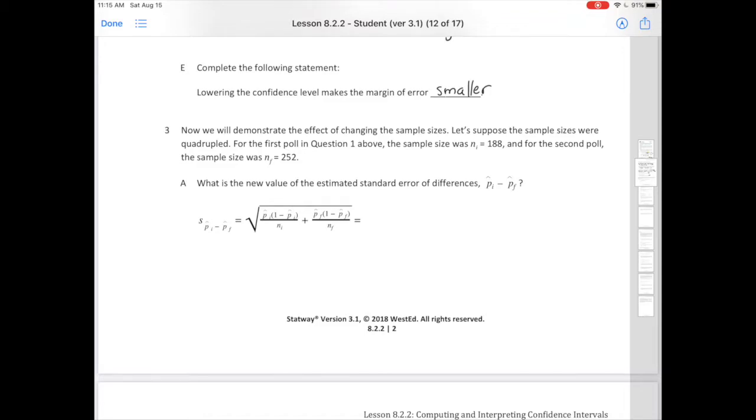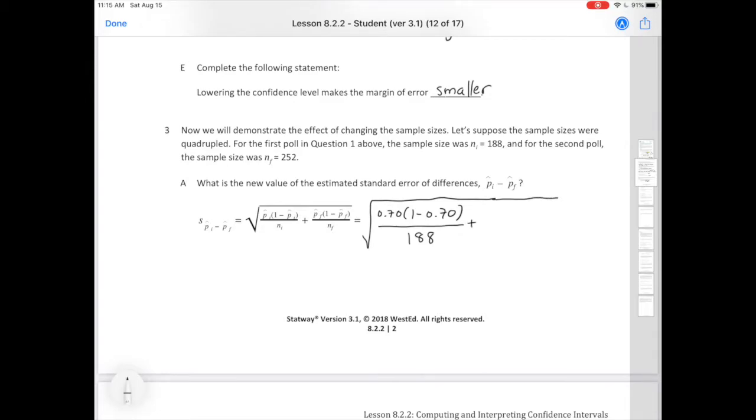So now we're going to figure out what is the new value of the estimated standard error of differences Pi hat minus Pf hat. So let's take a look at the standard error, right? We're going to put in the same Pi hat and Pf hat from before. Remember, those were 0.70 times 1 minus 0.70, except now the sample size for the first one is 188 plus.